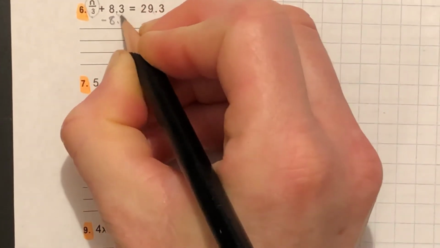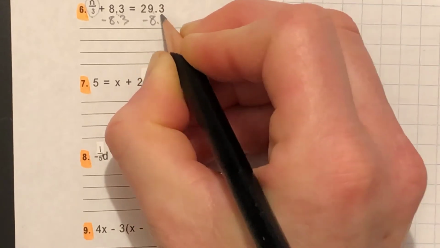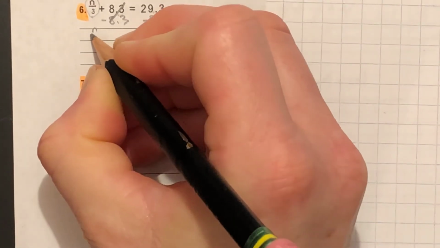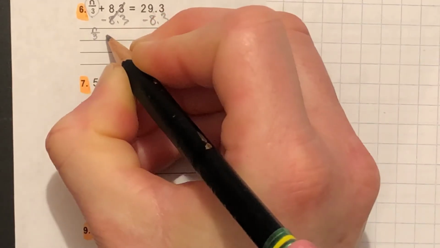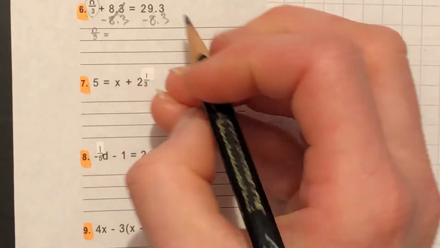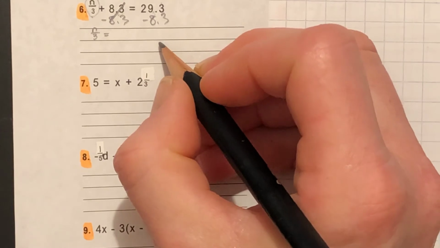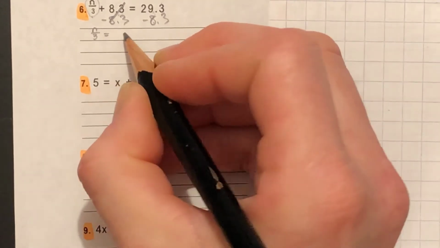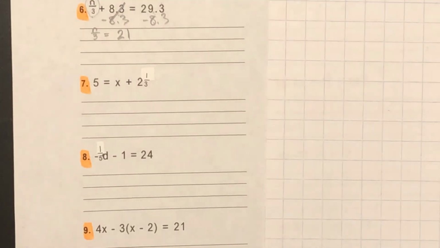Minus 8.3 minus 8.3. That leaves me with n divided by 3 equals 3 minus 3 is 0. 29 minus 8 is 21. Got 21.0 or just 21.